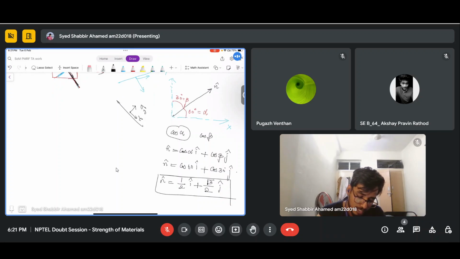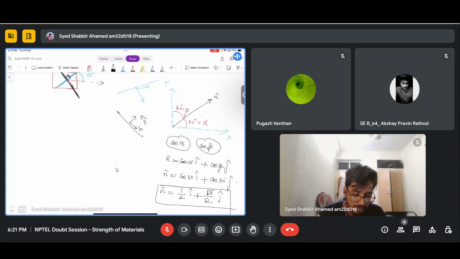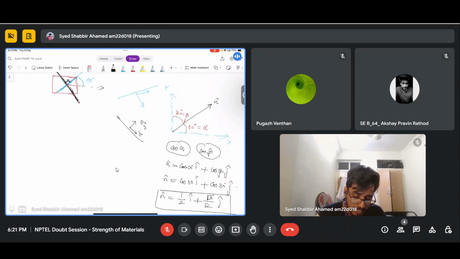So direction cosines are written like this. Direction cosines are simply whatever axes there are in your coordinate system. Here we have only two axes, that is x and y.